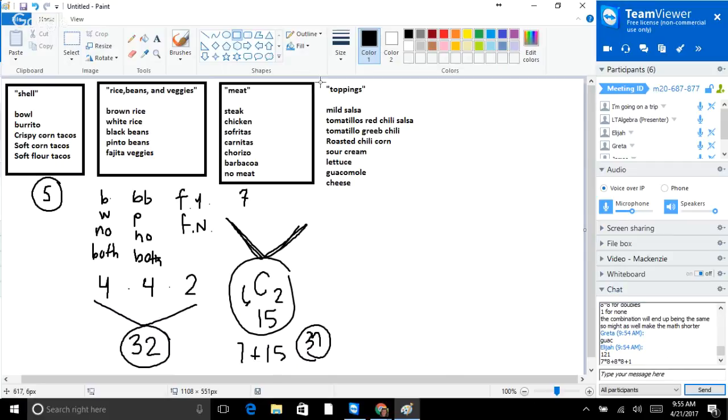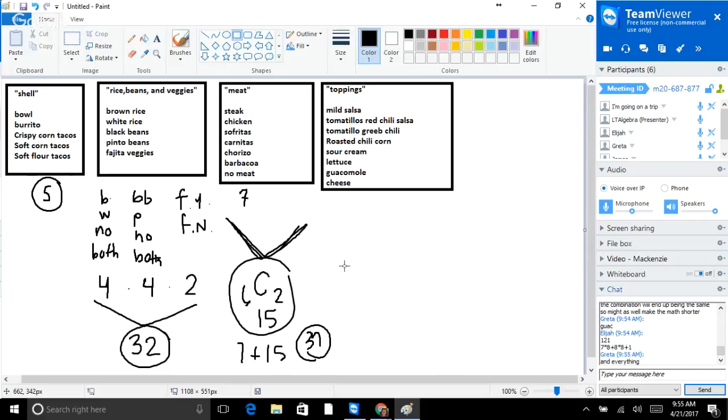But there's a lot that goes into this one, right? Because, for example, you could get all 4 salsas. You could get 1 salsa. You could get lettuce, no lettuce. I mean, you could get nothing in this group. I guess I should have put that as a choice. No toppings, right?